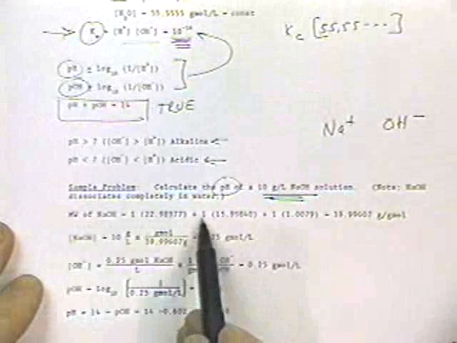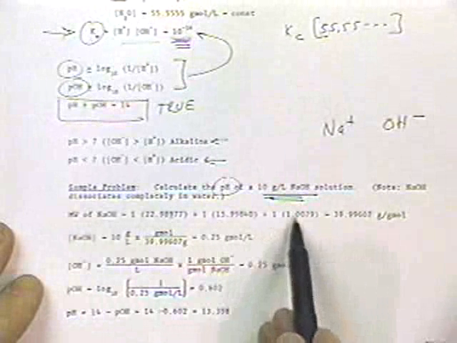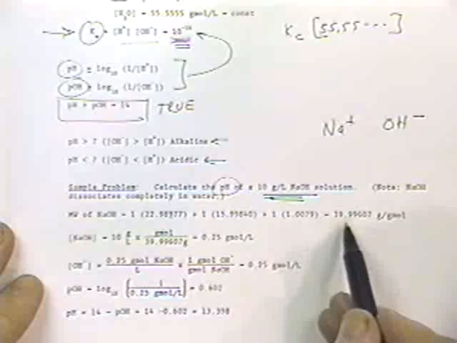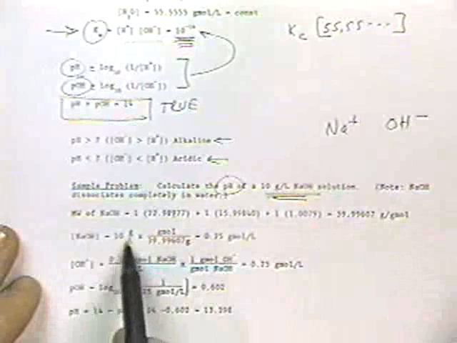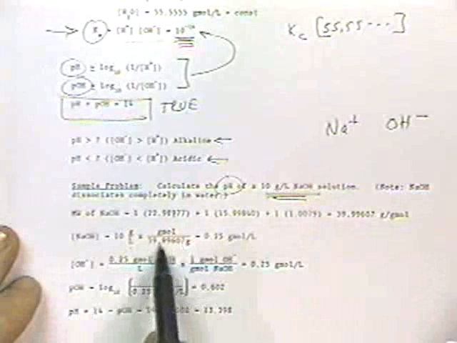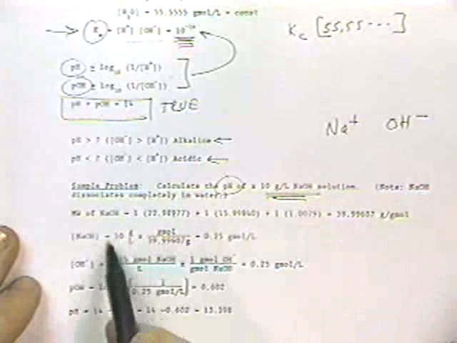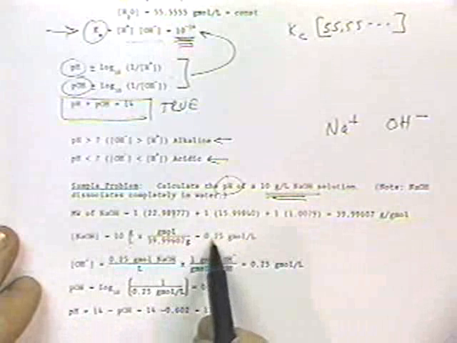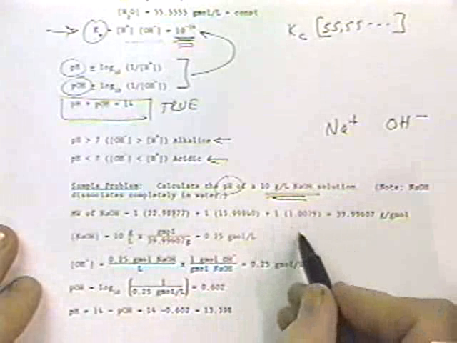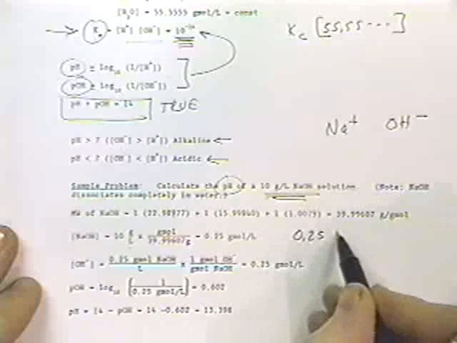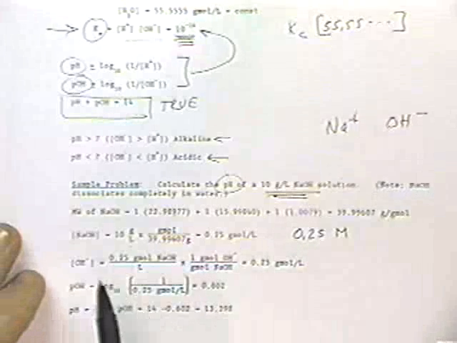There's 1 sodium, 1 oxygen, 1 hydrogen, so the molecular weight is essentially 40. So if we have 10 grams and 40 grams per gram mole, that 10 gram per liter solution is a 0.25 gram mole per liter solution. We could also say that's 0.25 molar.